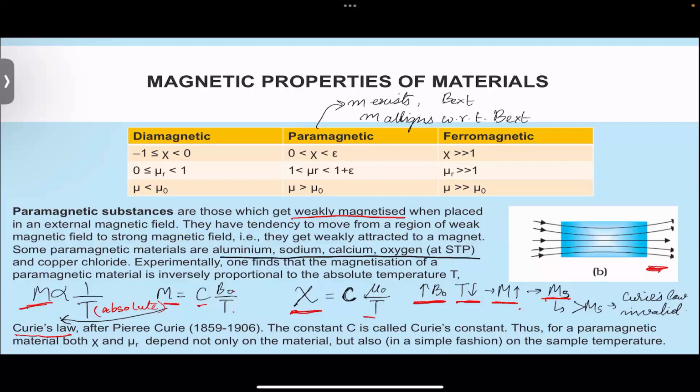If you reduce your temperature too much, or you increase your external field a lot, a value above the saturation value is reached, and then Curie's law is not going to work anymore. So this is the paramagnetic substance.